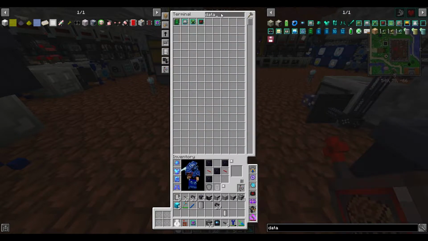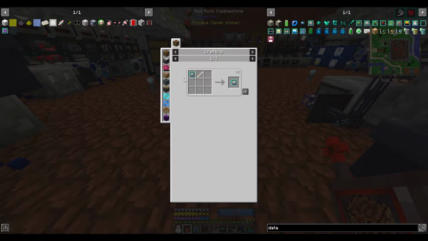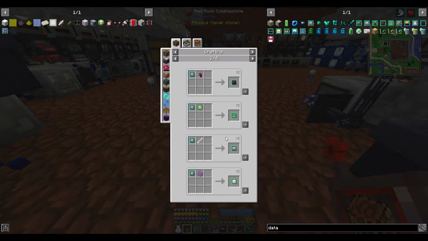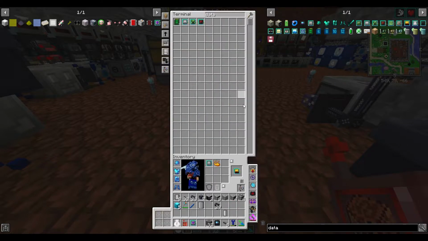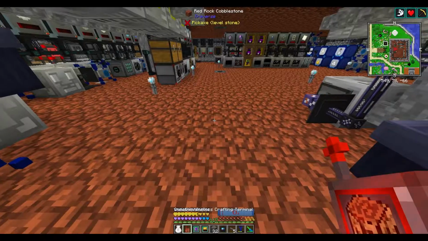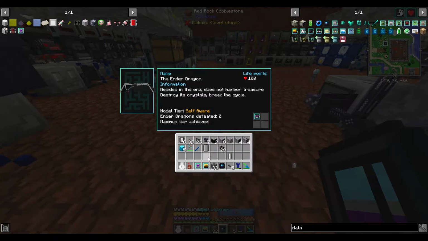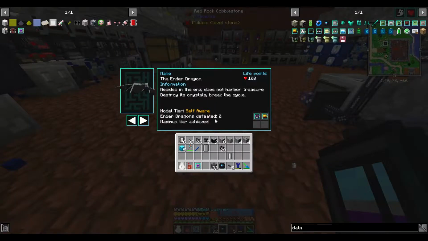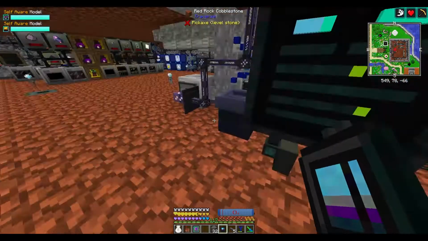So that, okay, can we make more of these? We can. And now can I make, is this a blaze rod? Some blaze powder, that's okay. So we're gonna instantly turn these into advanced, self-aware, nice.